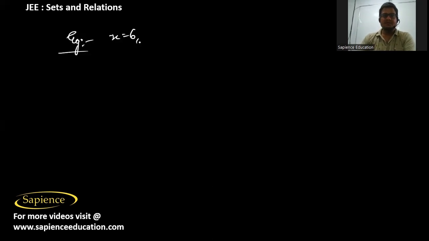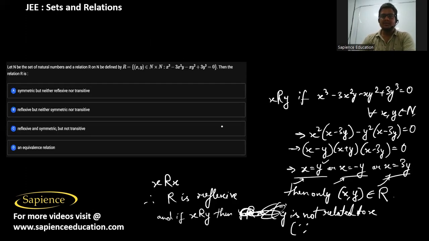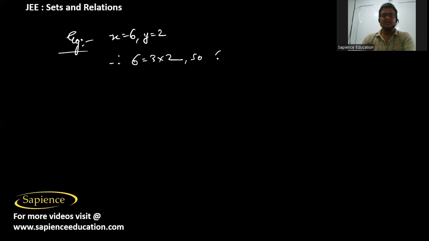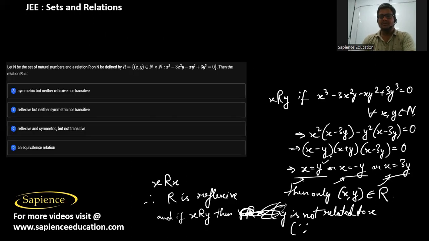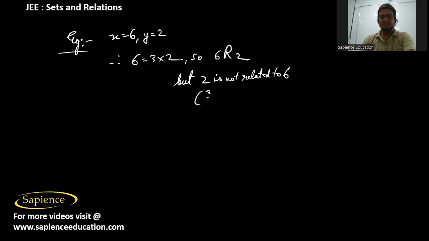So therefore 6 equals 3 into 2, so x is equal to 3 into y. So 6 is related to 2, but 2 is not related to 6, since 2 is not equal to 3 into 6. So therefore R is not symmetric.